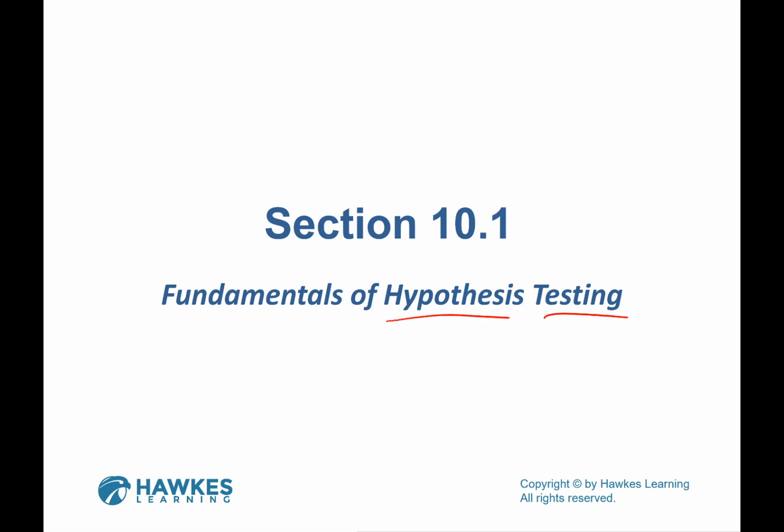In this section, we're kind of looking at the outline of how a hypothesis test works, okay? And then we're going to focus on the very first step and then the very last part of a hypothesis test. And then in the other sections in this chapter, we'll fill in the details in the middle. So it's a little weird because we're looking at the beginning and the end, and then we'll talk about the middle later.